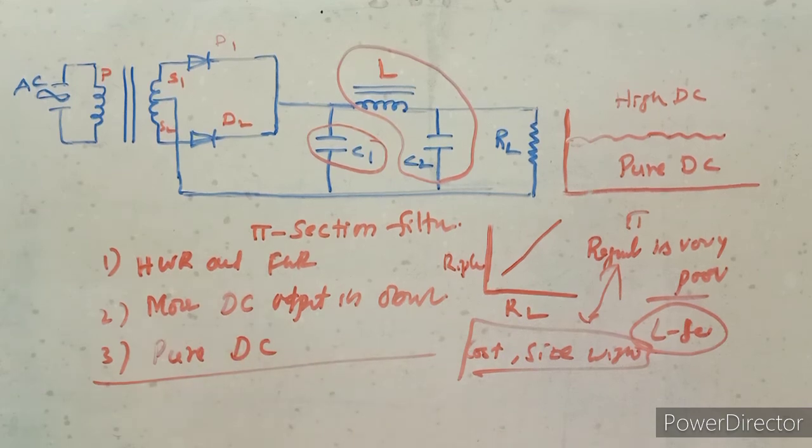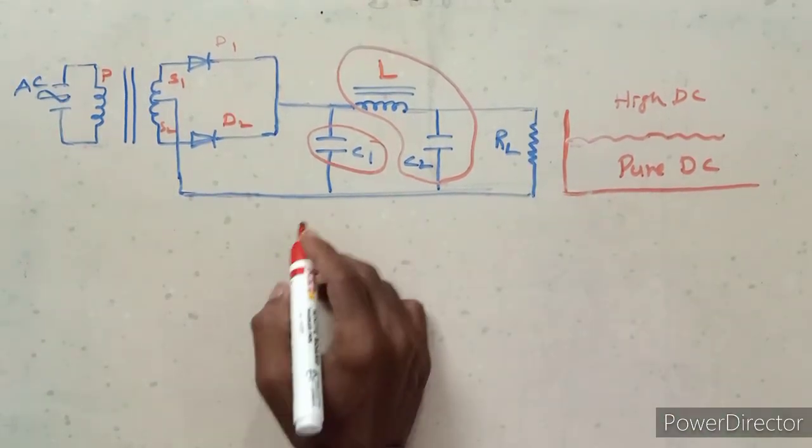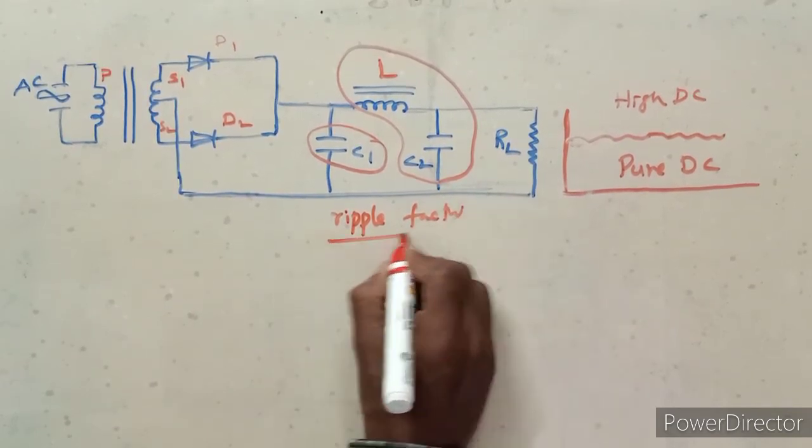Next, the main characteristic is the ripple factor. The ripple factor is very small here.